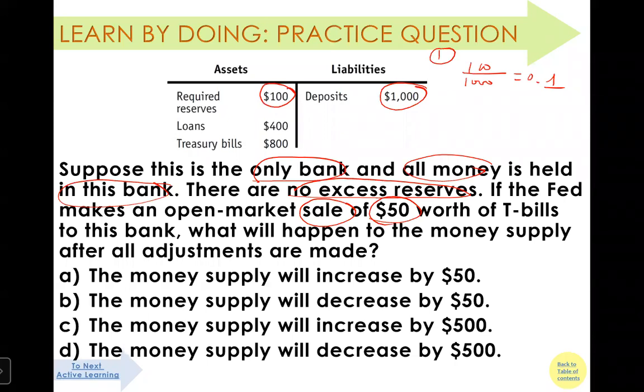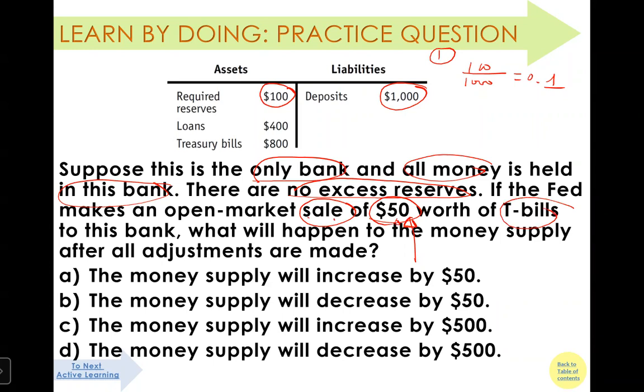Now step number two. What is the impact of this open market sale on the commercial bank's reserve? If the Fed sells $50, because this is the only bank, this bank is going to purchase $50 of T-bills from the central bank.